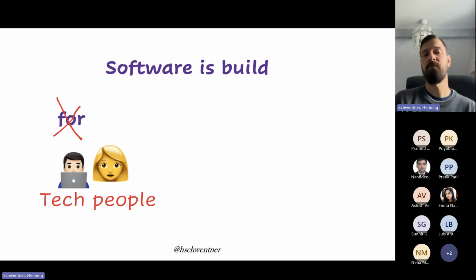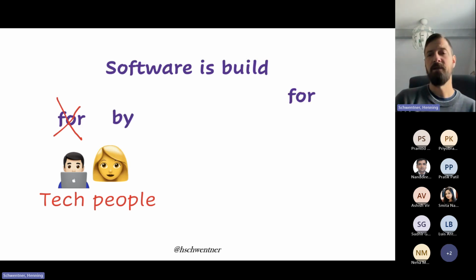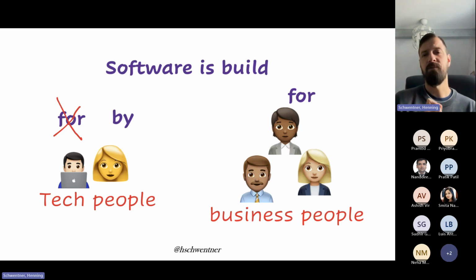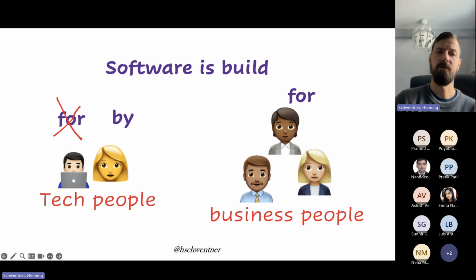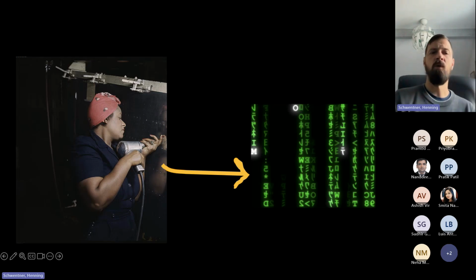No, software is not built for tech people. Software is built by tech people, and it is built for business people. And that means we, the tech people, have to understand them, the business people. Because only what we can understand of the business, of the work that is done, ends up in software.